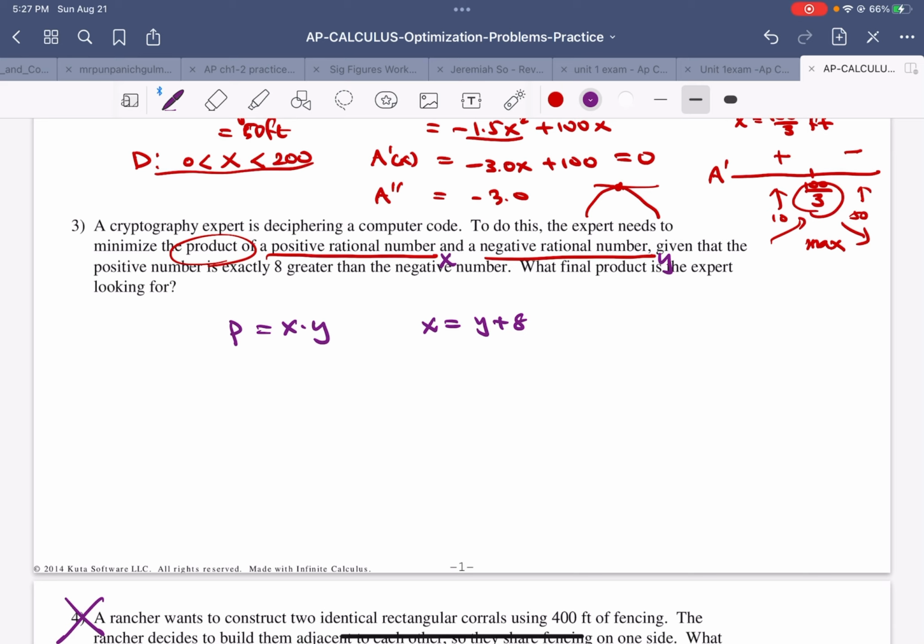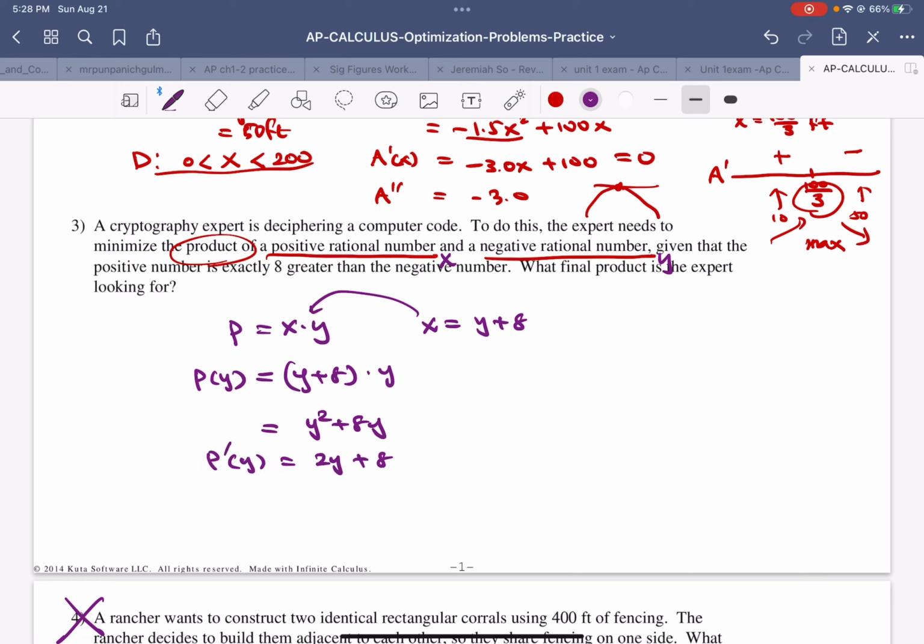It's already isolated, so you can make it in terms of y. It doesn't matter, you can make it in terms of x or in terms of y. So y plus 8 times y, so y squared plus 8y when you distribute.